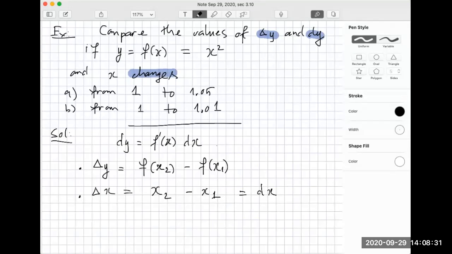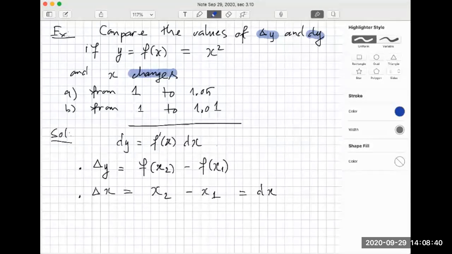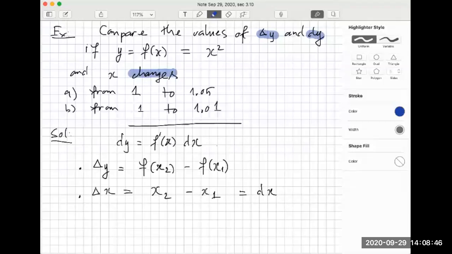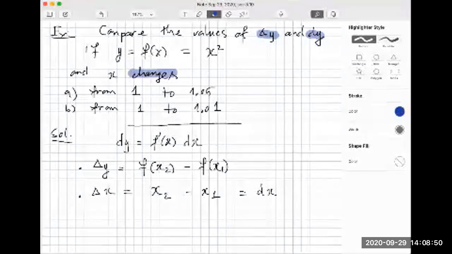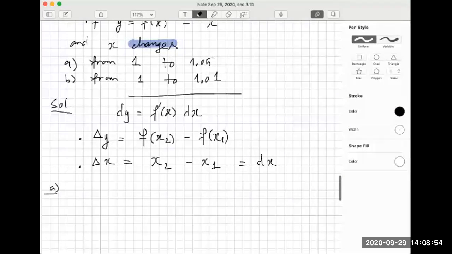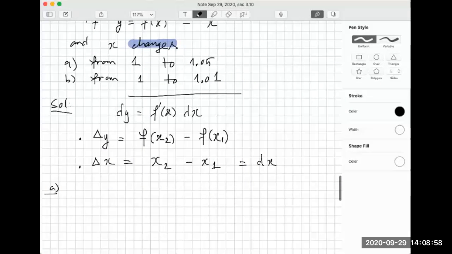So now our job, in order to compute delta y, we need to evaluate the values of x1 and x2. And in our case, x1 is 1, x2 is 1.05. Okay. Now, in case A, let us compute delta x first.